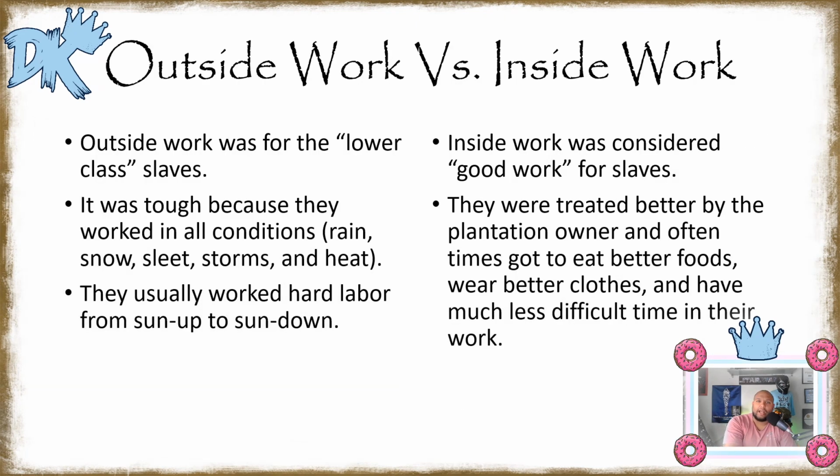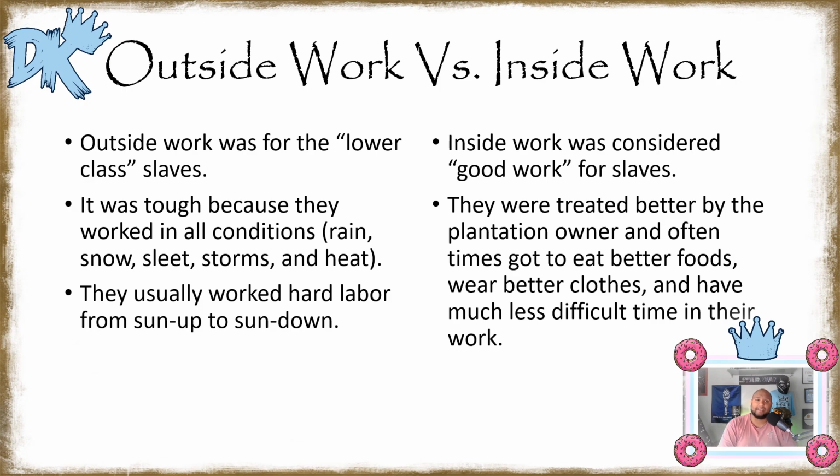Okay. Now, you also had different types of slaves, and a lot of times these jobs were dependent on personality, physical stature, strength, all sorts of things. You had outside work and inside work. Some maintained the plantation's day-to-day agricultural functions, like working out in the fields and on the farm as a whole, and then you had the day-to-day inside functions: maid work, tending to children, things of that nature.